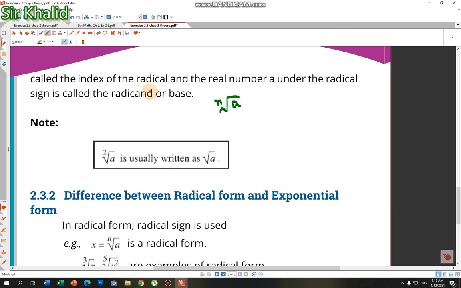The real number a under the radical sign is called the radicand or base. This a is the radicand or base.